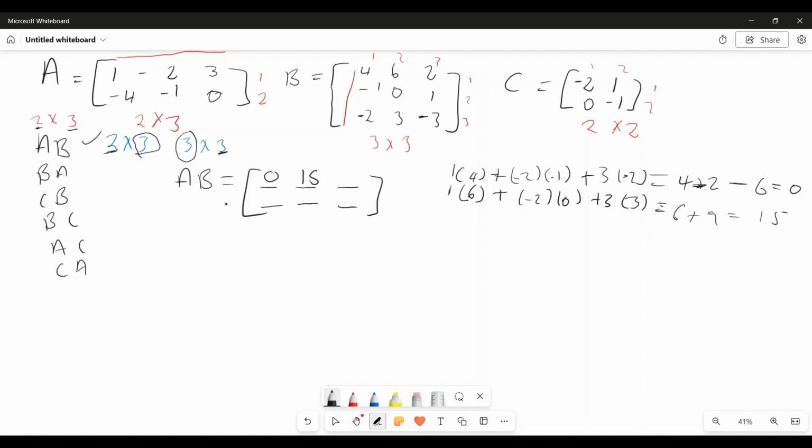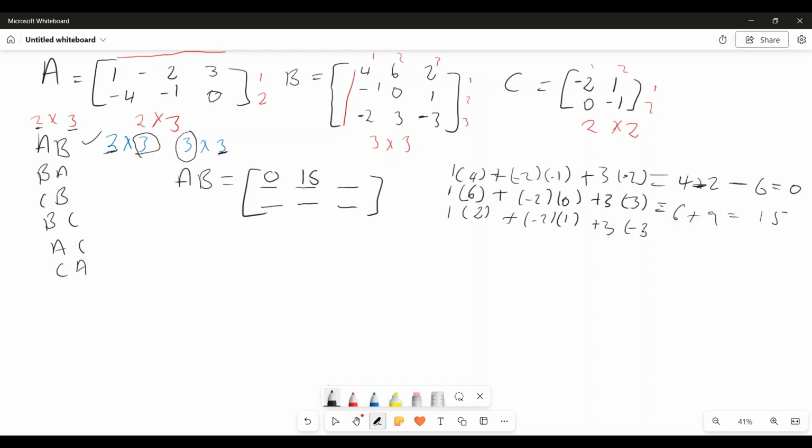Now let's move on and do the third entry. It's going to be the same row multiplied by the last column. So the number 1 is going to be multiplied with 2, plus minus 2 multiplied by 1. I'm pretty sure you are all now following how we do the product of matrices.